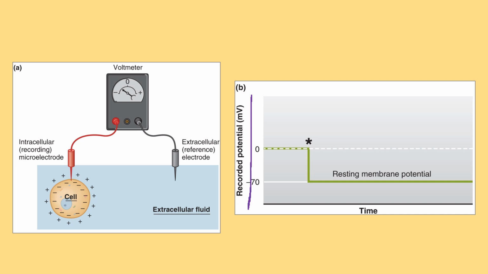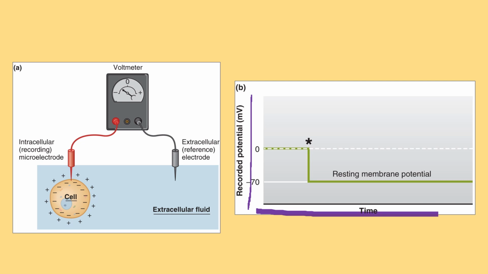This is something that we can physically measure. And instead of volts, it's measured in millivolts. A millivolt is 1,000th of a volt. On the vertical axis, we have membrane potential as measured with a voltmeter. And on the horizontal axis here, we have time. And maybe that's in seconds or milliseconds, 1,000th of a second.